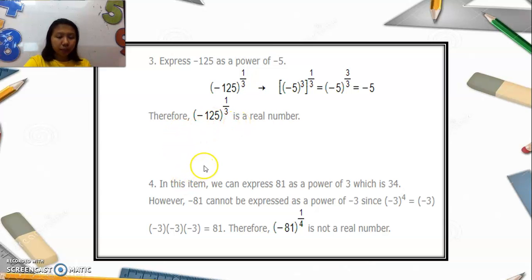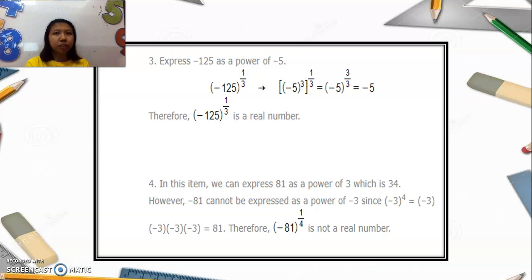Okay, so next example, we have here negative 81 raised to 1/4. Okay, so we need to think of a number that when we raise it to 4, we will have negative 81. But if we try negative 3, negative 3 times negative 3 will be 9.